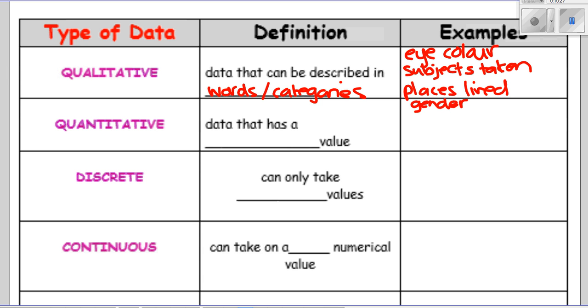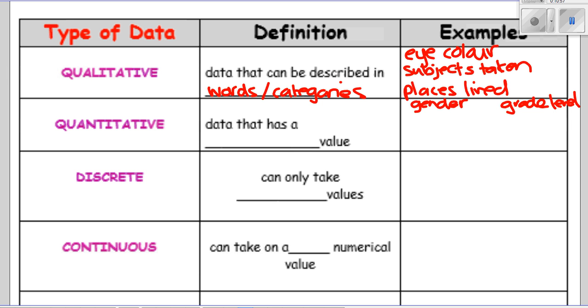Even though it's got numbers in it, like grade 7, grade 8. That's a very good point. That's kind of subjective, isn't it? Sometimes qualitative data has numbers in it, but if it's a category like grade level, year 7, year 8, year 9, to some extent it's got a numerical thing to it because it follows a number line.